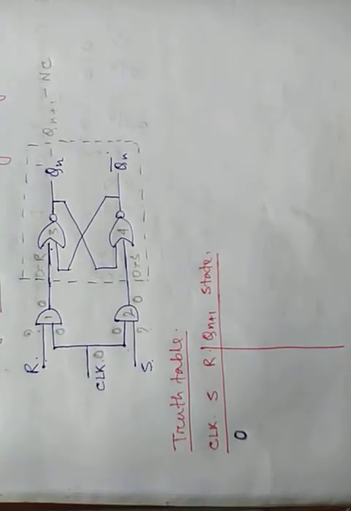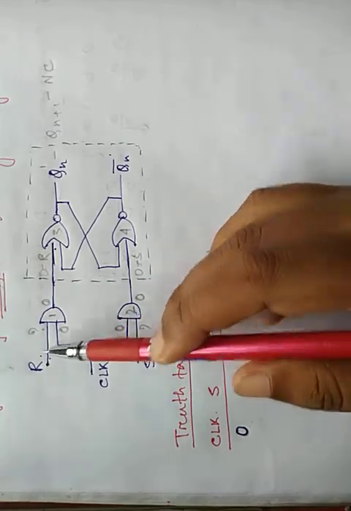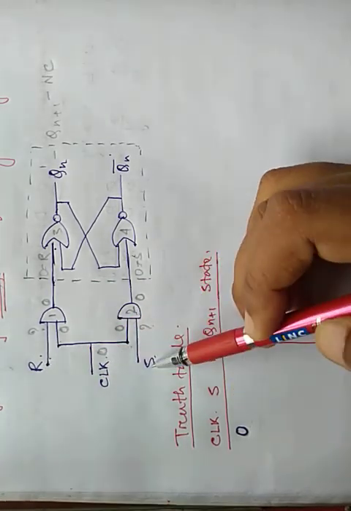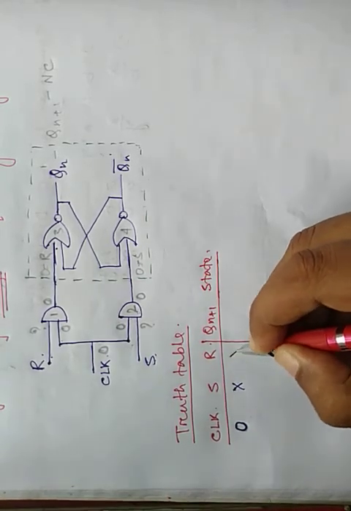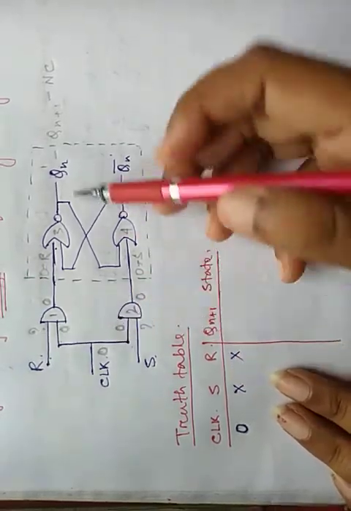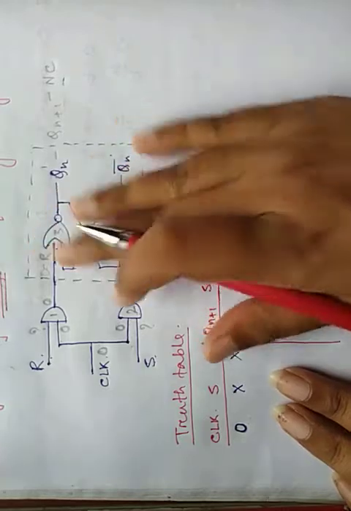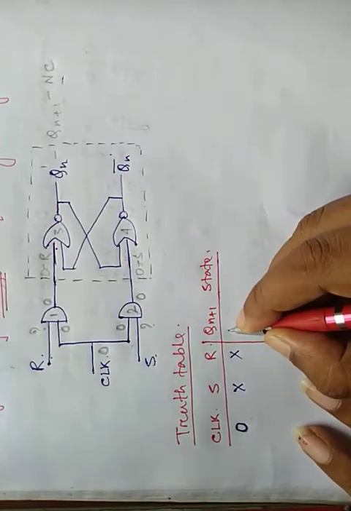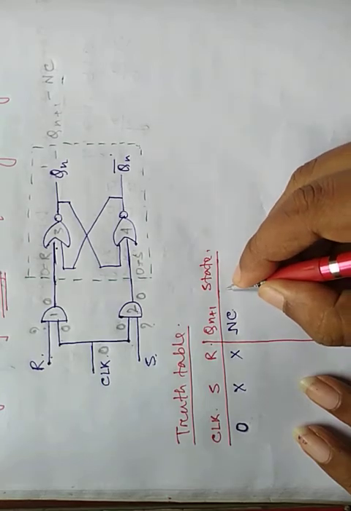So we can write here, if clock is 0, it does not matter whatever be the value of R and S, so we write cross. Cross means R and S value may be any value. The output will always be no change. No change means storage.